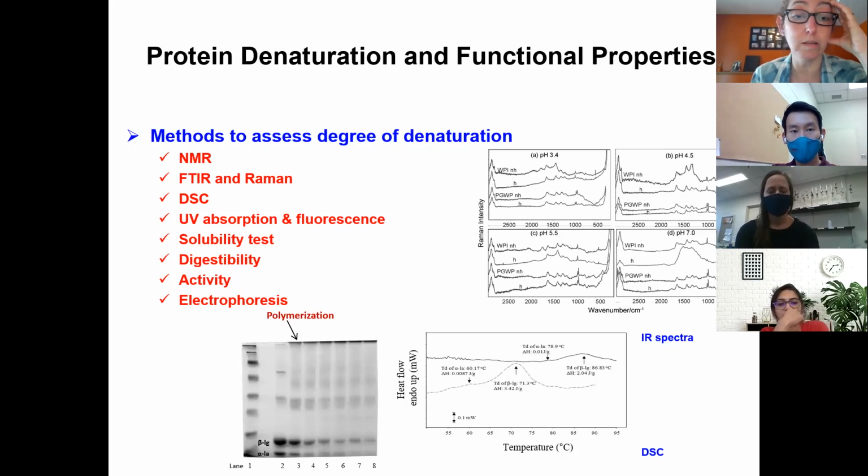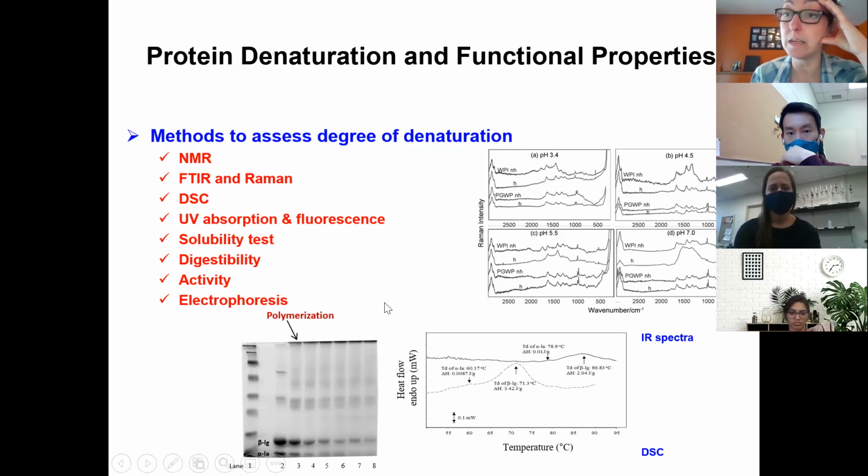electrophoresis, gel electrophoresis. In this example is whey protein, beta-lactoglobulin, and alpha-lactalbumin. We heated it at 75 degrees for intervals of 5 minutes, 10 minutes, 15, etc. So you can see with every 5 minutes of treatment at 75 degrees, we lose the monomers and we start seeing darker polymers on top of the gel.